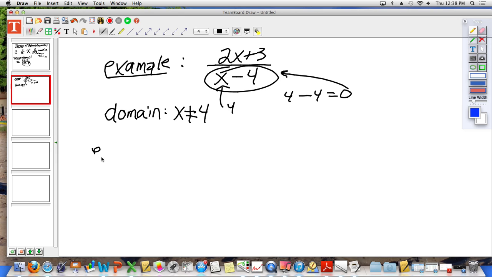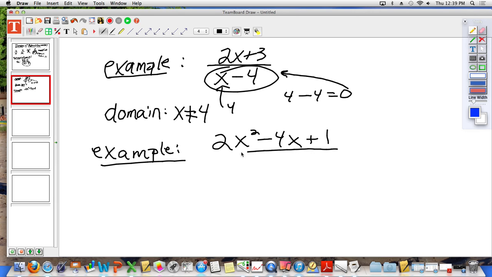Another example. Let's say you've got 2x squared minus 4x plus 1 on the top, all divided by x plus 7 on the bottom. Ignore the numerator. What's the domain?